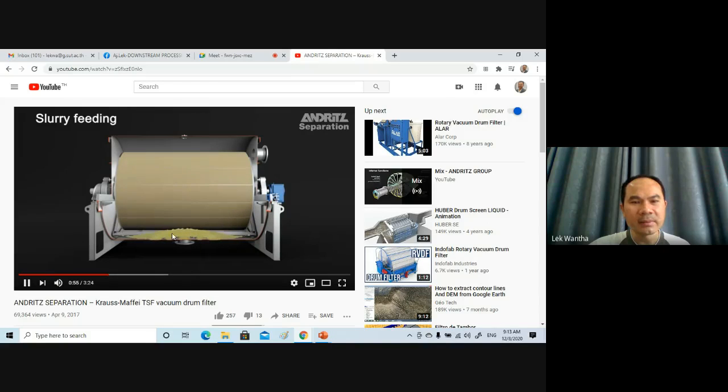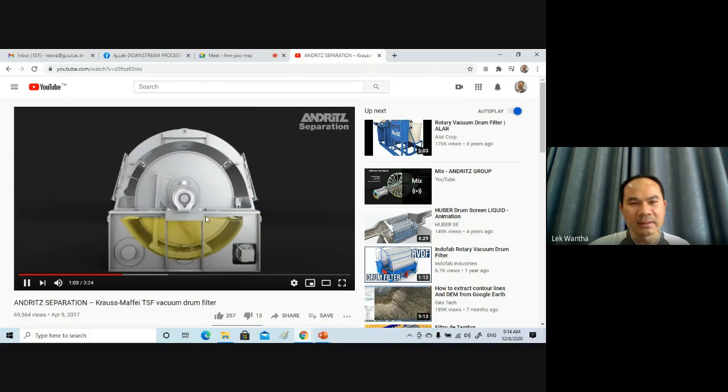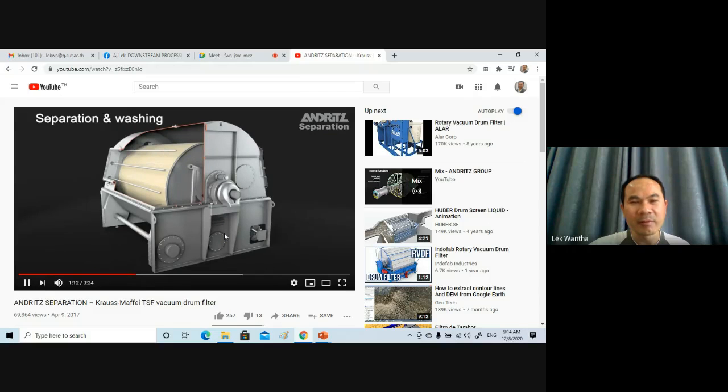Okay, the first step, we flow the liquid inside the liquid reservoir. In this zone, we call it the filtration zone, and we have the vacuum system.